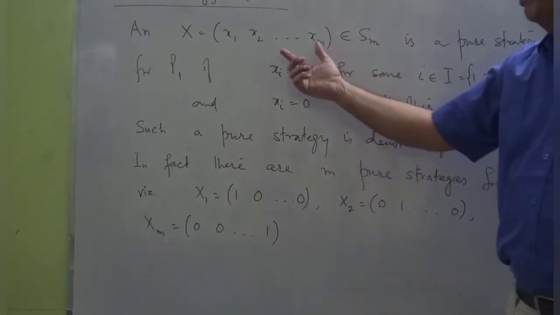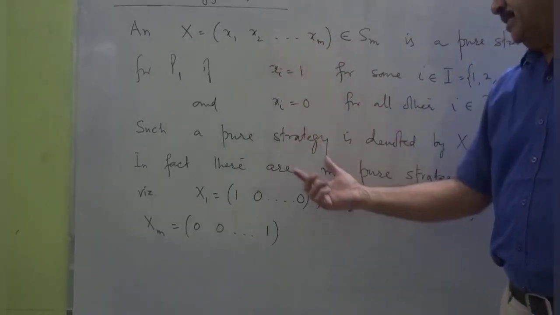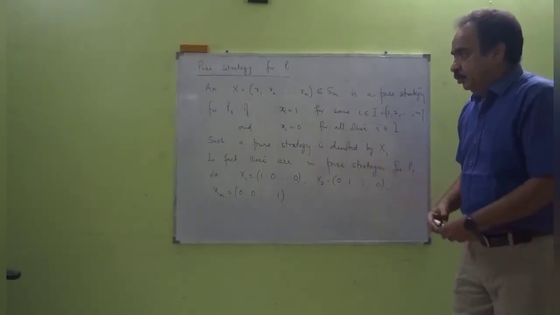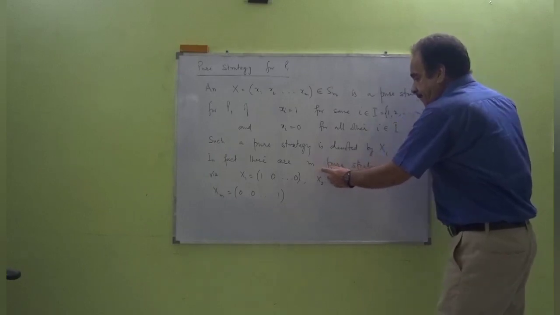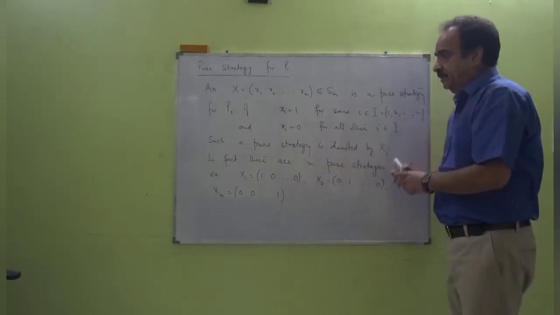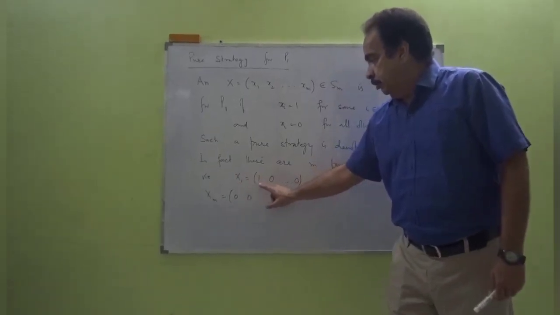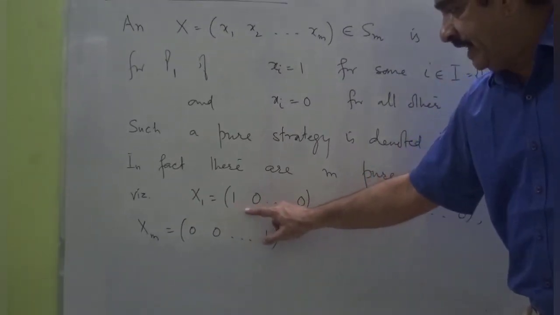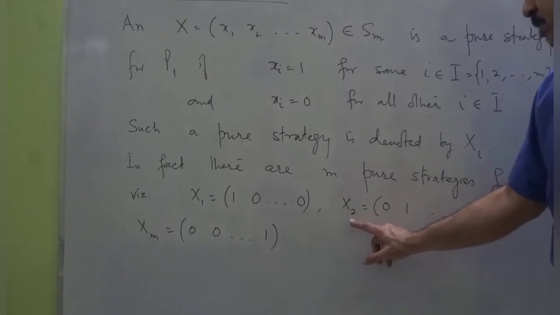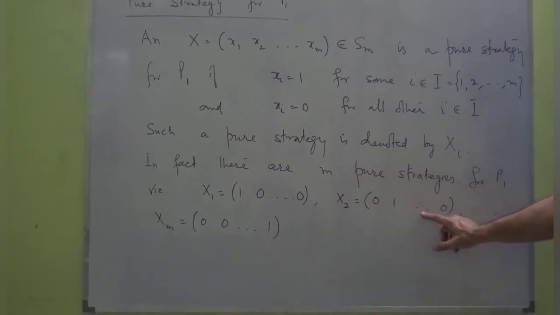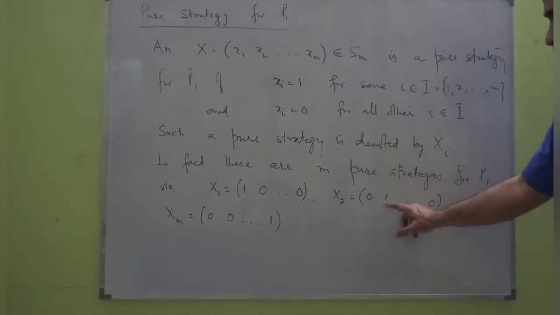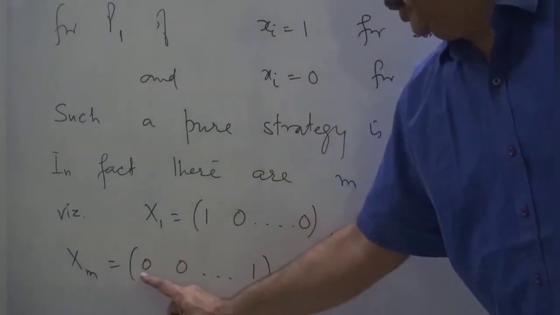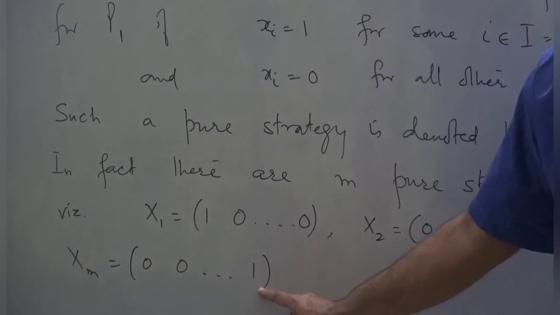Then such a mixed strategy is called a pure strategy. We denote such a pure strategy by xi. In fact, there are m pure strategies for P1, namely x1 = (1, 0, ..., 0), where 1 is the first component and the others are 0, with m components in all; x2 = (0, 1, 0, ..., 0), where all others are 0 except at the second place; and likewise xm = (0, 0, ..., 1), with 1 at the end.